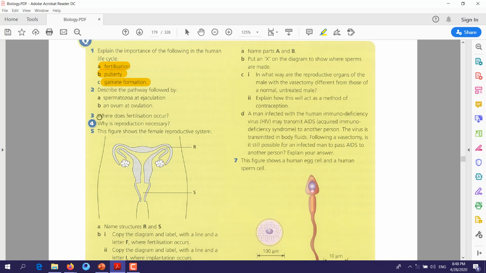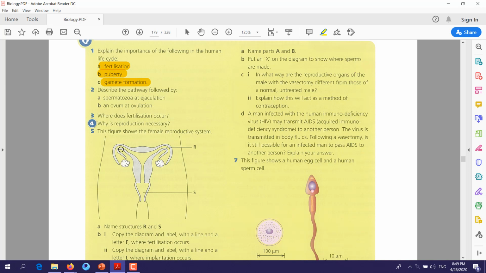Question number 3. Where does fertilization occur? Here the ova are produced in the ovary, then pass through the oviduct. While passing in the oviduct, it will be fertilized.